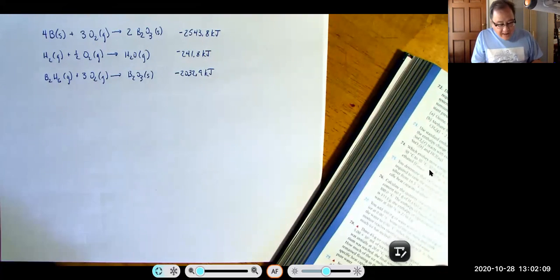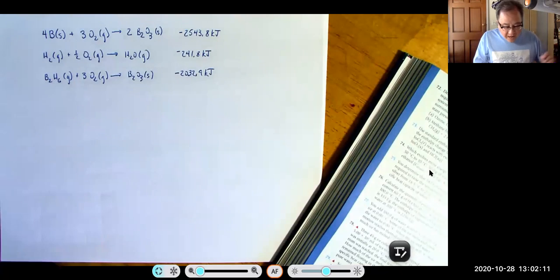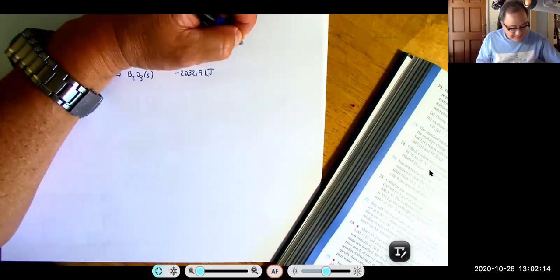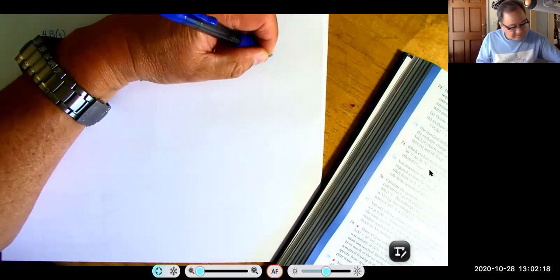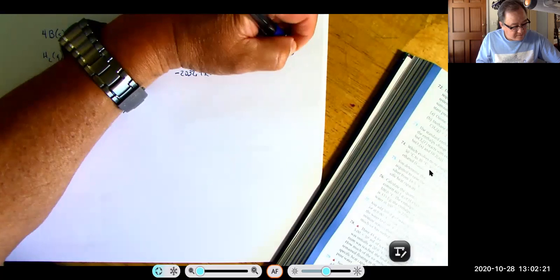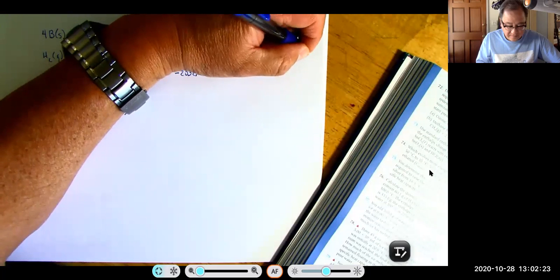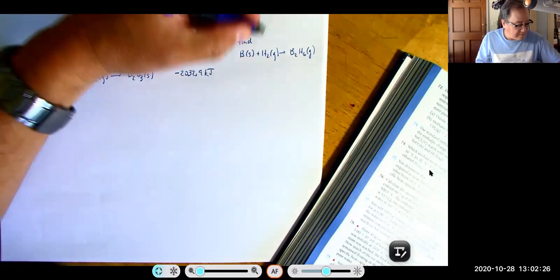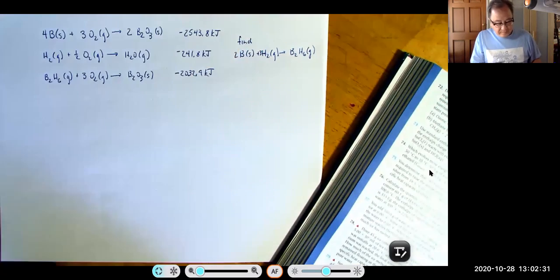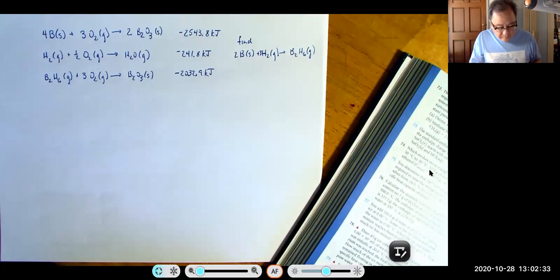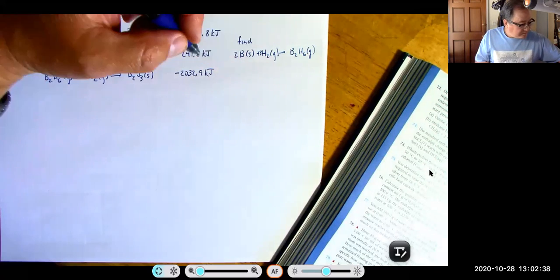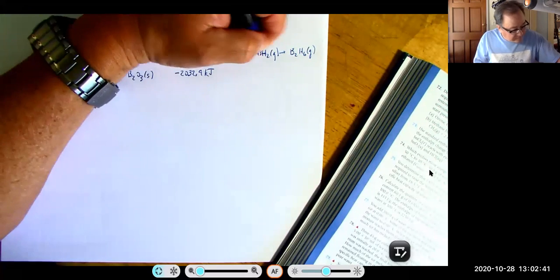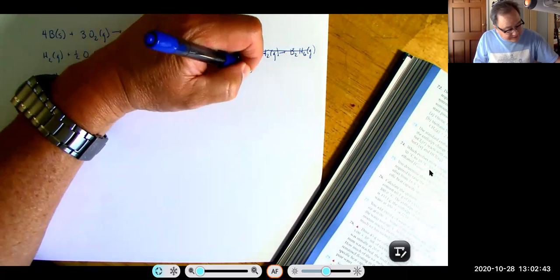Okay, so those are the three reactions, and you're supposed to find this.